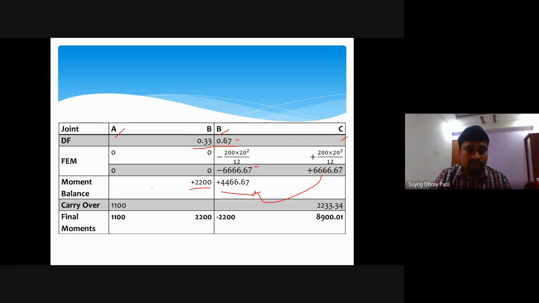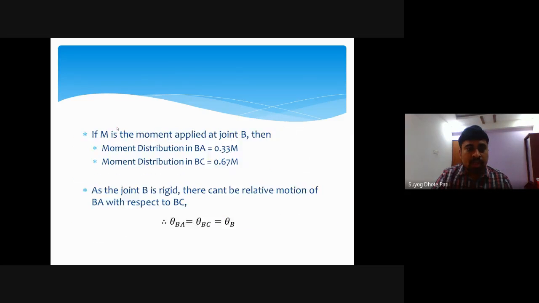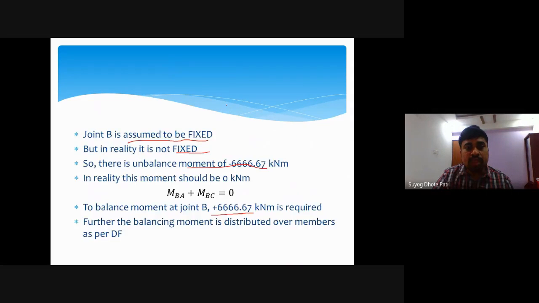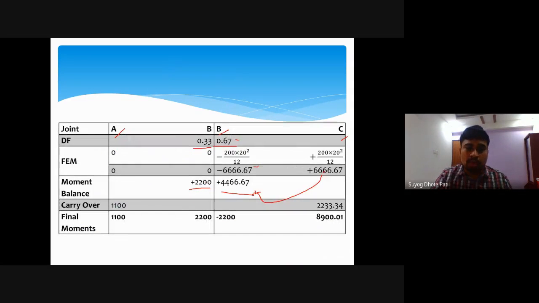Here the further end is fixed, and end C is also fixed, which means at both ends the moment will be carried over. So this 2200 will be half carried over to joint A, so it is 1100, and this 4466.67 is half carried over here, so it is plus 2233.34.